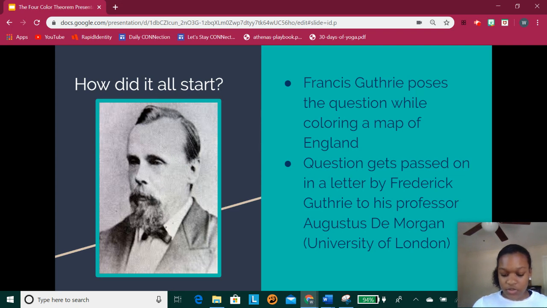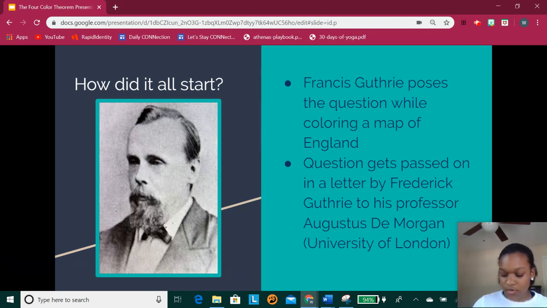So, the student to whom De Morgan was referring was Frederick Guthrie, who later became a physics professor. Frederick Guthrie did not just wake up one morning wondering whether or not you needed four colors to color a map, but his inquisitiveness surrounding the topic was inspired by his brother, actually, Francis Guthrie, which you can see in this picture.